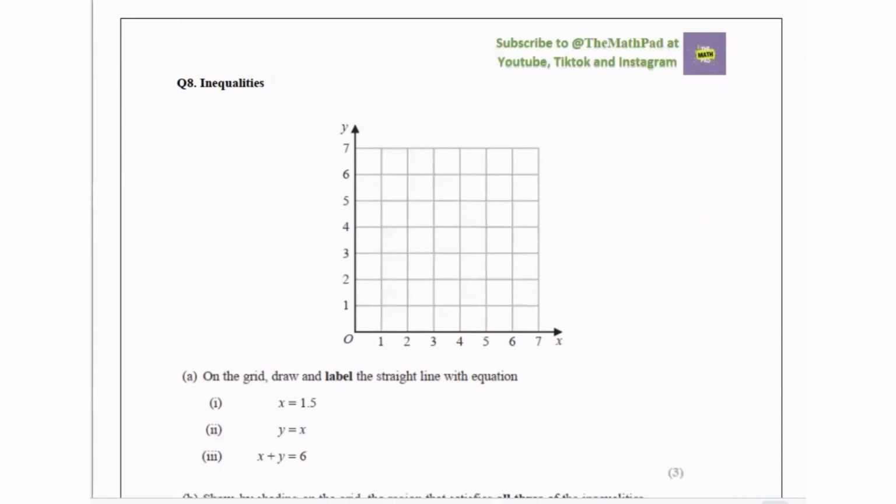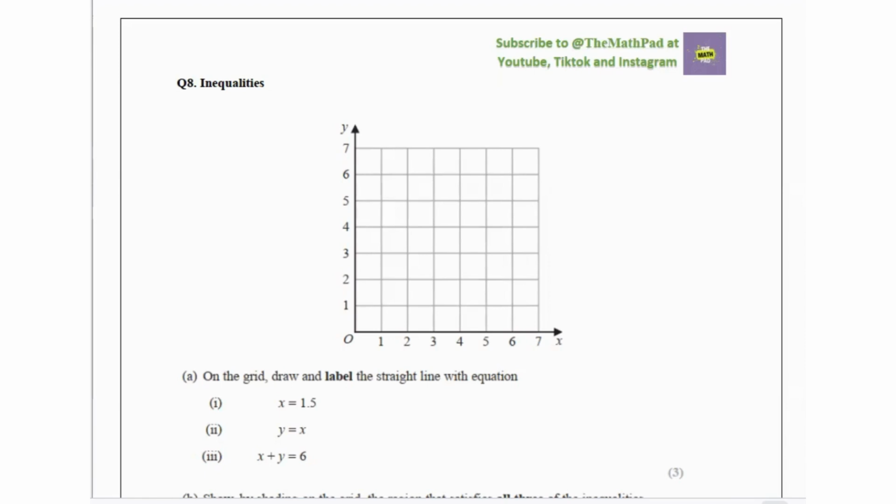The next question is on inequalities. On the grid, they're asking us to draw and label the straight line with the equation x equals 1.5. So whenever your equation is x equals something, that means you will draw a vertical line. When it says y equals something, you will draw a horizontal line.